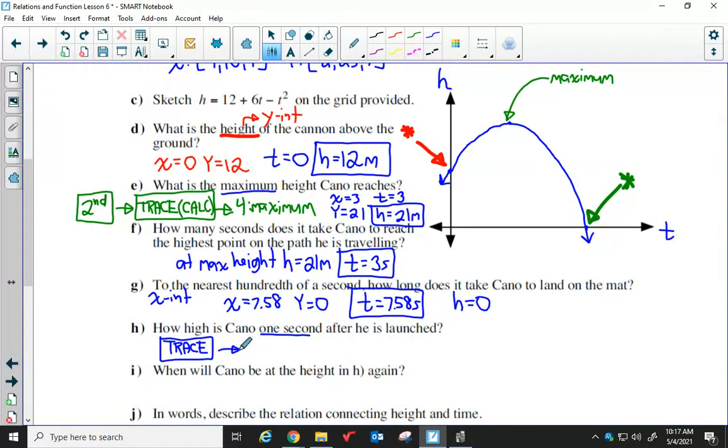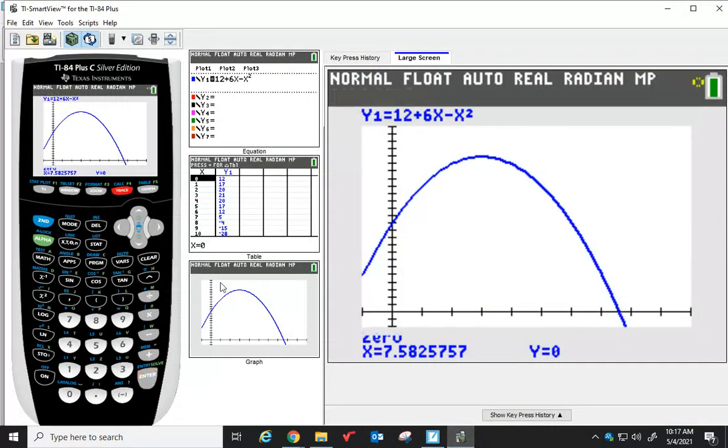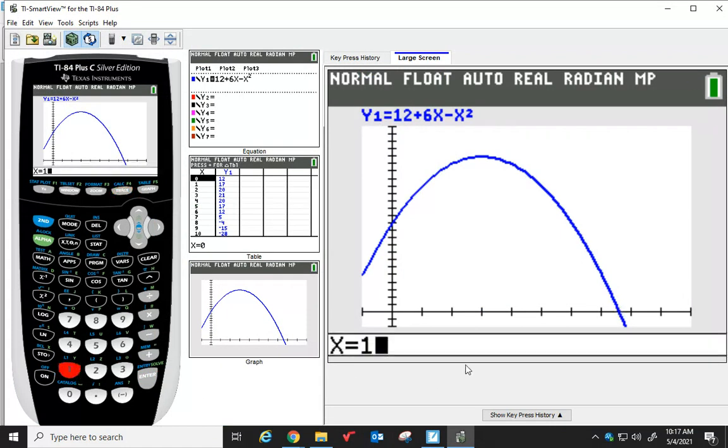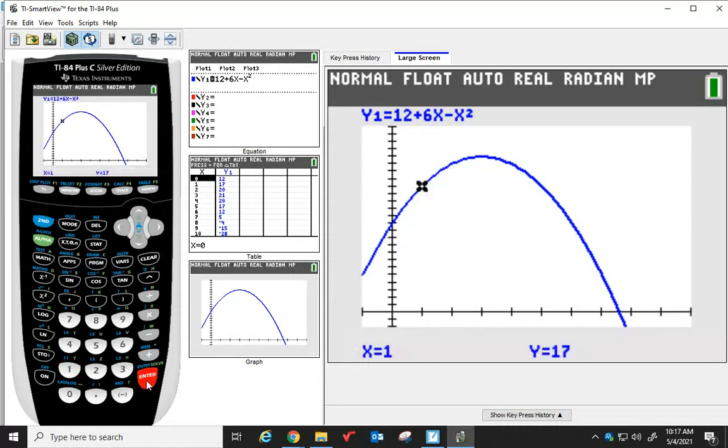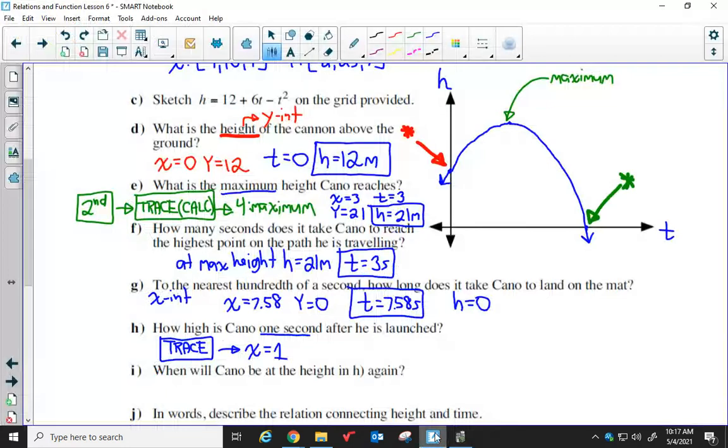So after 1 second, that would be when X is equal to 1. So I go back here, just hit the trace button. And if you use enter 1, it'll just type in 1. You don't need to write down the X here. It'll automatically allow you to enter an input value, which is X equals 1. Hit enter, and it tells you when X is 1, Y is 17.